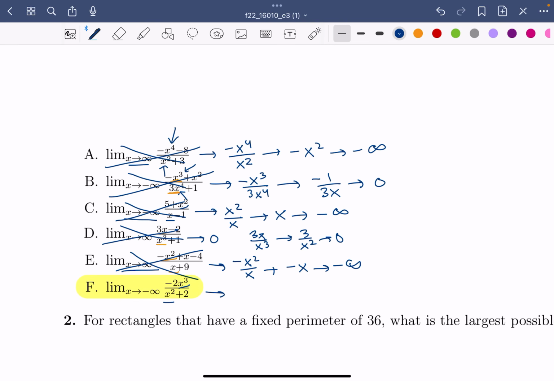So over time, this will look like negative 2x cubed over x squared, and even further along in time, it's going to look like negative 2x. And because this is evaluated as x approaches negative infinity, a negative times a negative number will be positive, so this goes to positive infinity, which is what we wanted. So again, the limit that equals infinity is F for number 1.